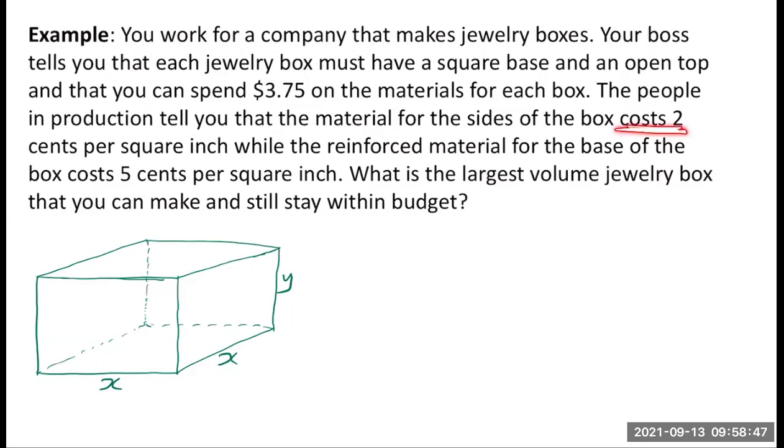The restriction is that the cost for the sides is 2 cents per square inch, and the cost for the material in the bottom is 5 cents per square inch. How do you solve this problem? How do you find the largest volume that you can have for this box?